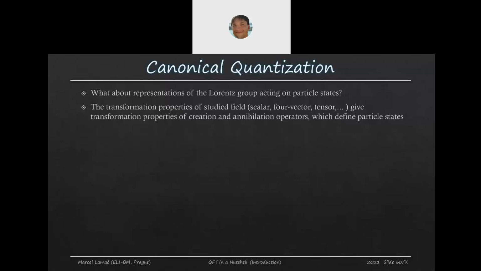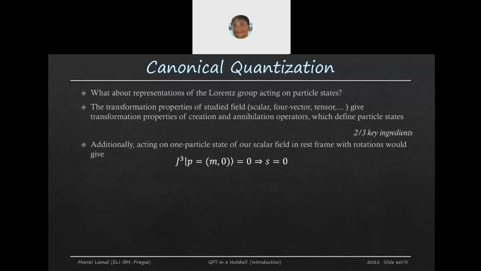Therefore, the transformation properties of these operators are defined in terms of the field transformations, and since the particle states are defined in terms of the annihilation and creation operators, these are also defined in terms of the transformation properties of the field. So if we know the transformation properties of the field, we know the representations of the Lorentz group acting on the one particle state. So this is 2 out of 3 ingredients.